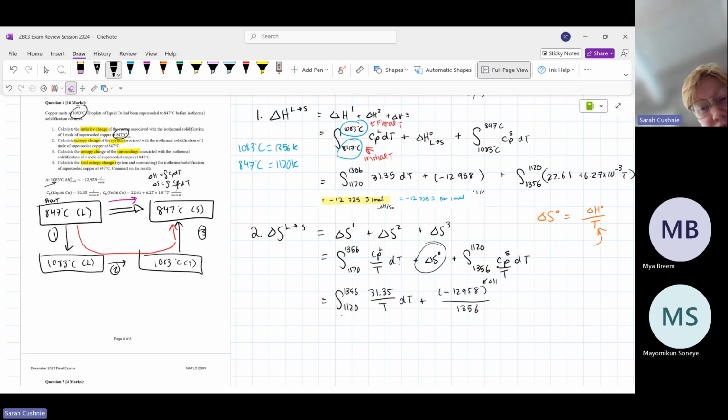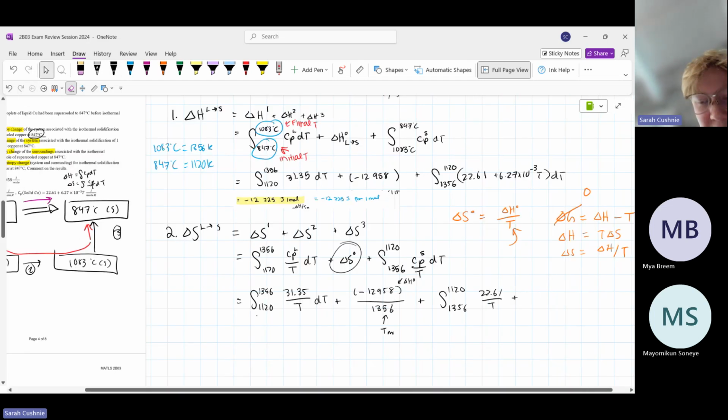That's delta H, and that's the temperature at which it's occurring. And then we have 1356 to 1120, the integral of 22.61 over T plus 6.27 times 10 to the negative 3, all dT.